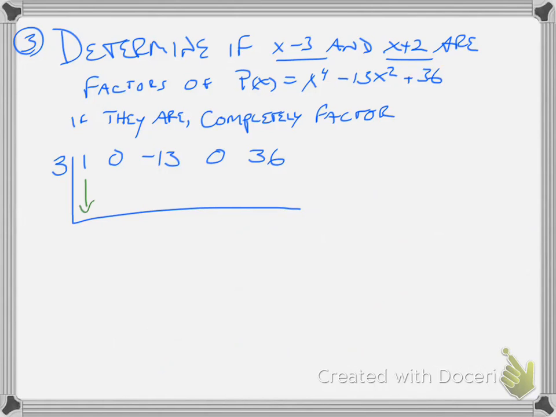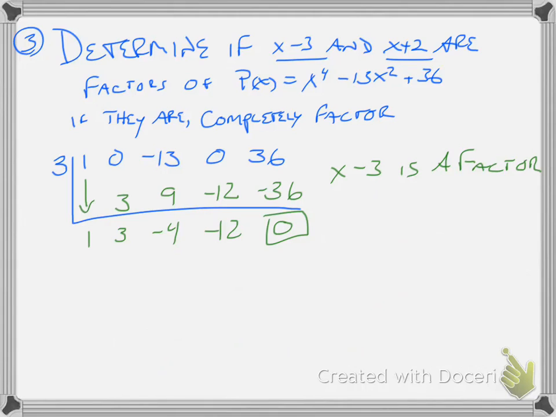So I'm going to bring this 1 down, multiply it with 3, add, multiply with 3, add, multiply with 3, add, multiply with 3, and they combine to be 0, which means because the remainder is 0, x minus 3 is a factor.